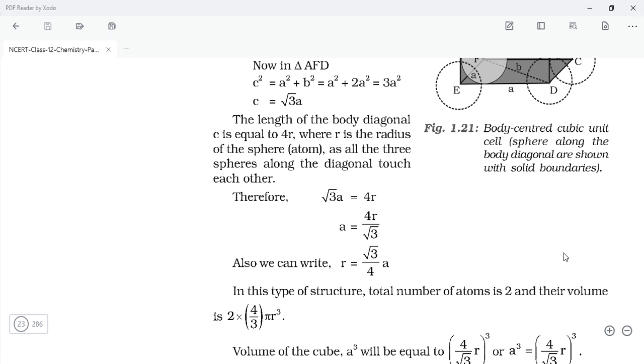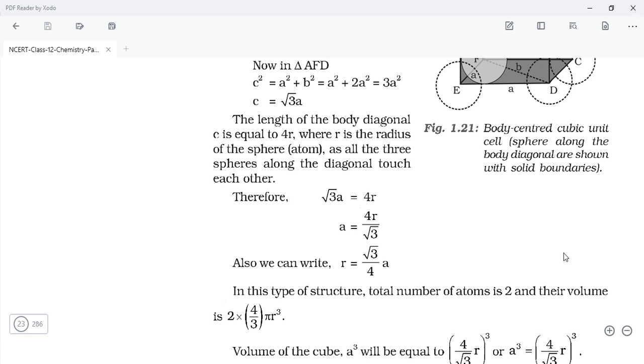As all these three spheres along the diagonal touch each other, therefore root 3 a is equal to 4r, is equal to c. Thus we find variables in different forms and in the same variable, and then you compare it. So you get r is equal to root 3 by 4 a.